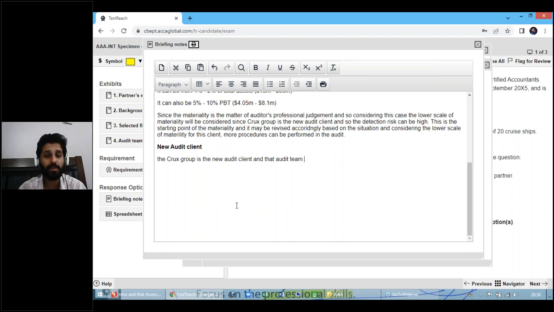audit team. Now this is not the matter of the correct accounting. Now this is the matter of the correct audit treatment, and the audit team should have complete information about the entity and its environment, in accordance with ISA 315.